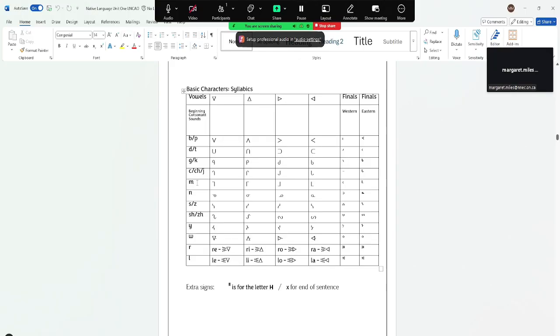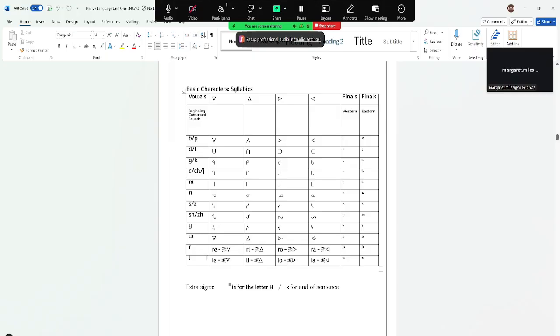M sound, N sound, and S and Z. So the sounds S and Z. The next one, SH and ZH. So sh sound. Letter Y, yeah sound.